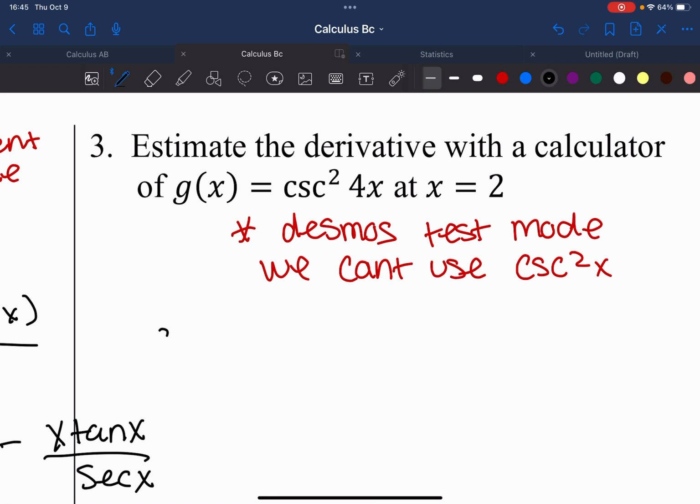So instead, we know that cosecant squared x is the same as saying one over sine squared x.